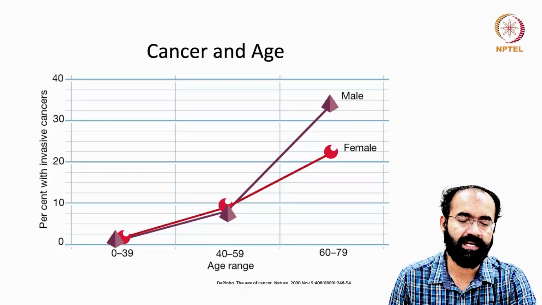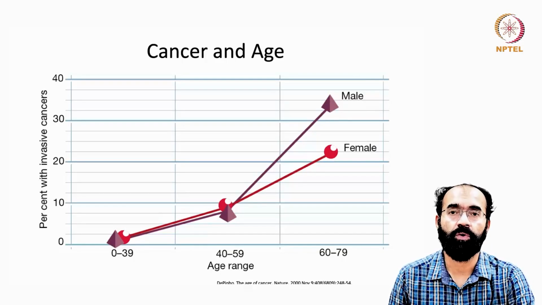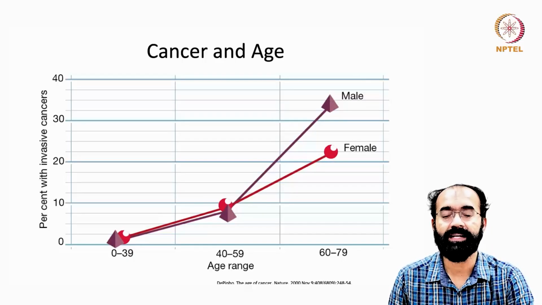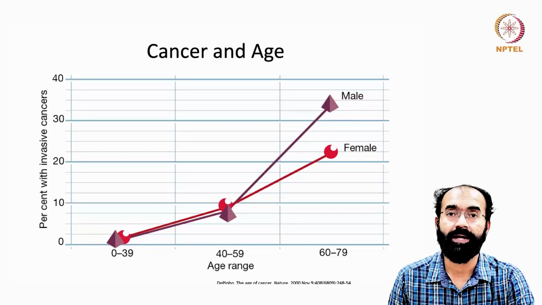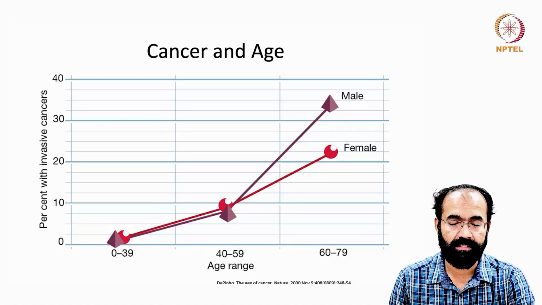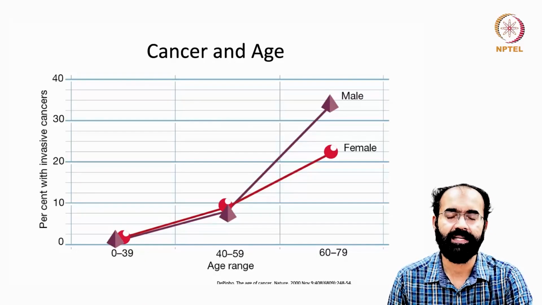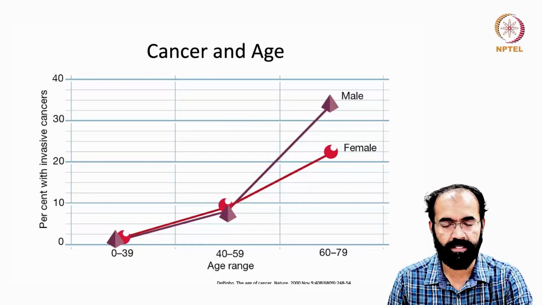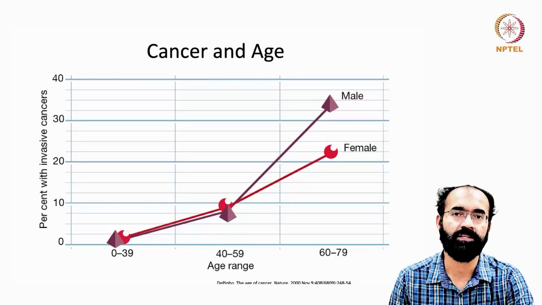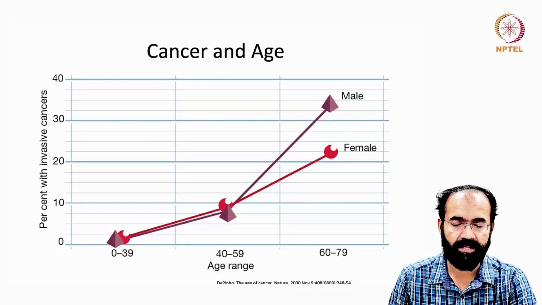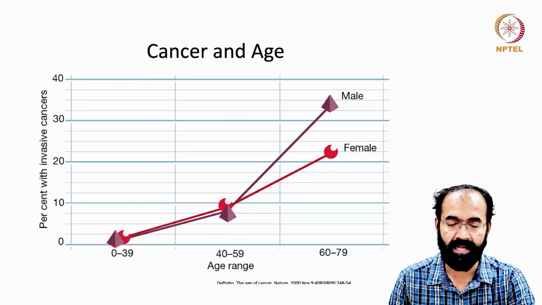So you can see here, as you grow old, the chances of getting cancer go up quite exponentially. Like this is somewhat 39, that is the first group, till the second group there is a linear increase. It's not going parallel to the x-axis. There is a moderate increase happening.